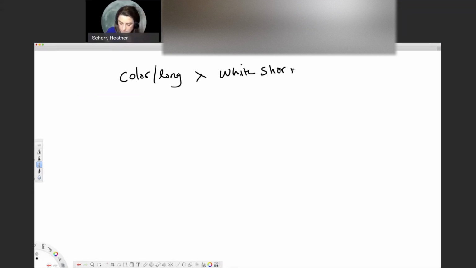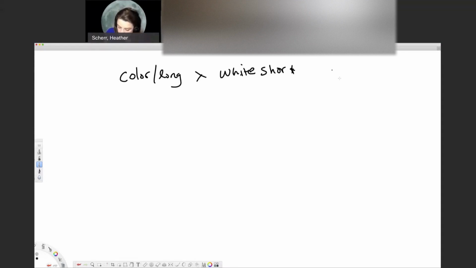So we had the colored long, and then we had the white short, right? Maybe it's because it's recording, so it takes a lot of memory and it's not responding.